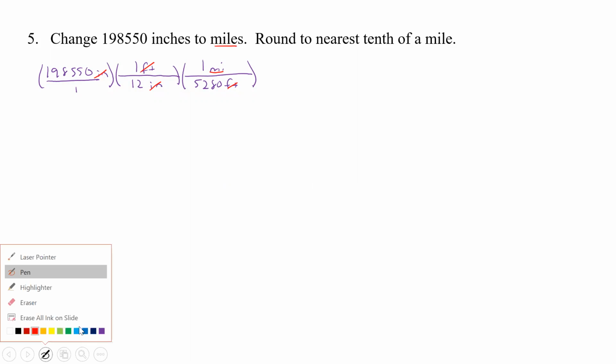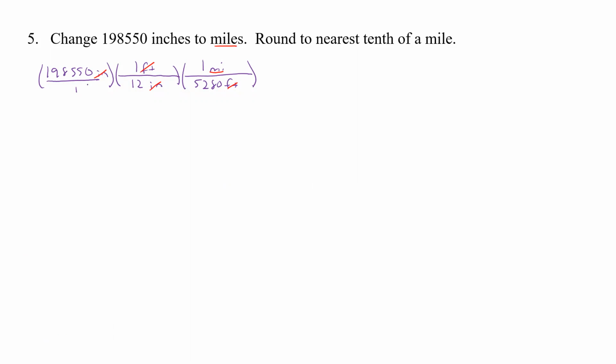And so now basically we only have to take that divided by 12, then that divided by 5,280, and we should get our value that we need to do here. So I think maybe, yeah, let's do it in 2 steps.